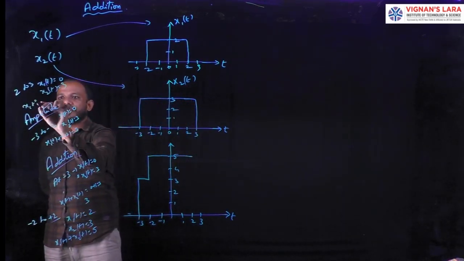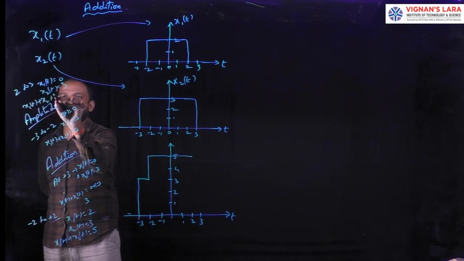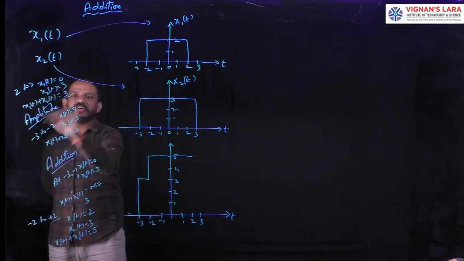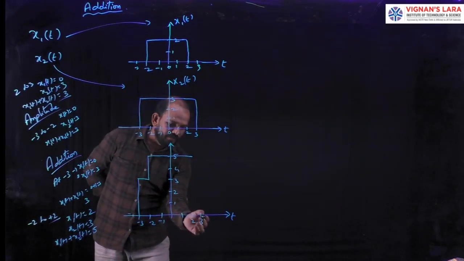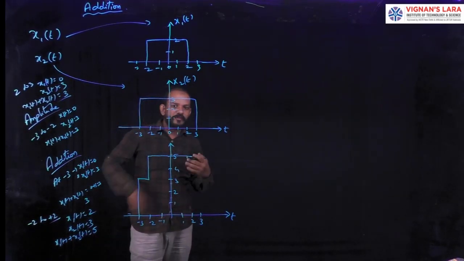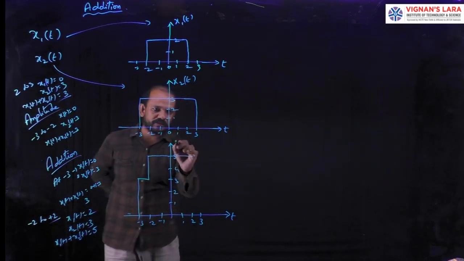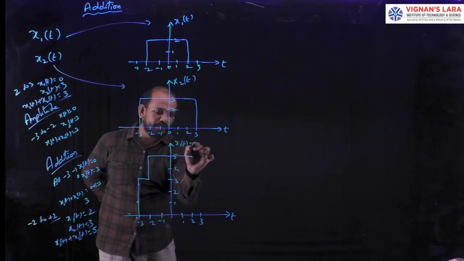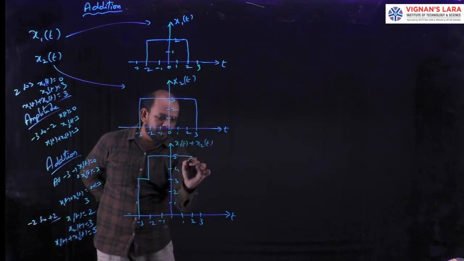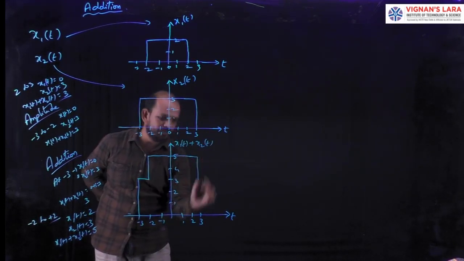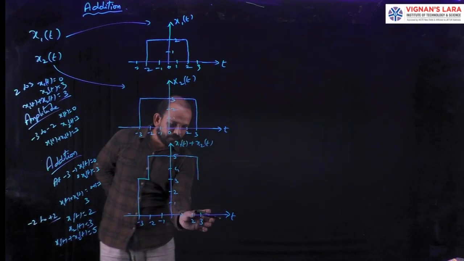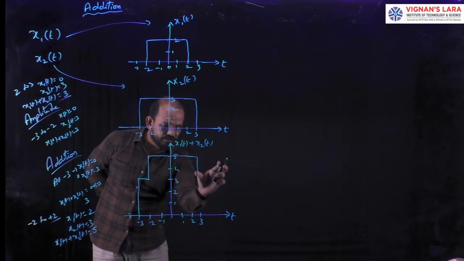Now x1 of t plus x2 of t equals 0 plus 3, which is 3. So from 2 to 3, the value of x1 of t plus x2 of t is 3.